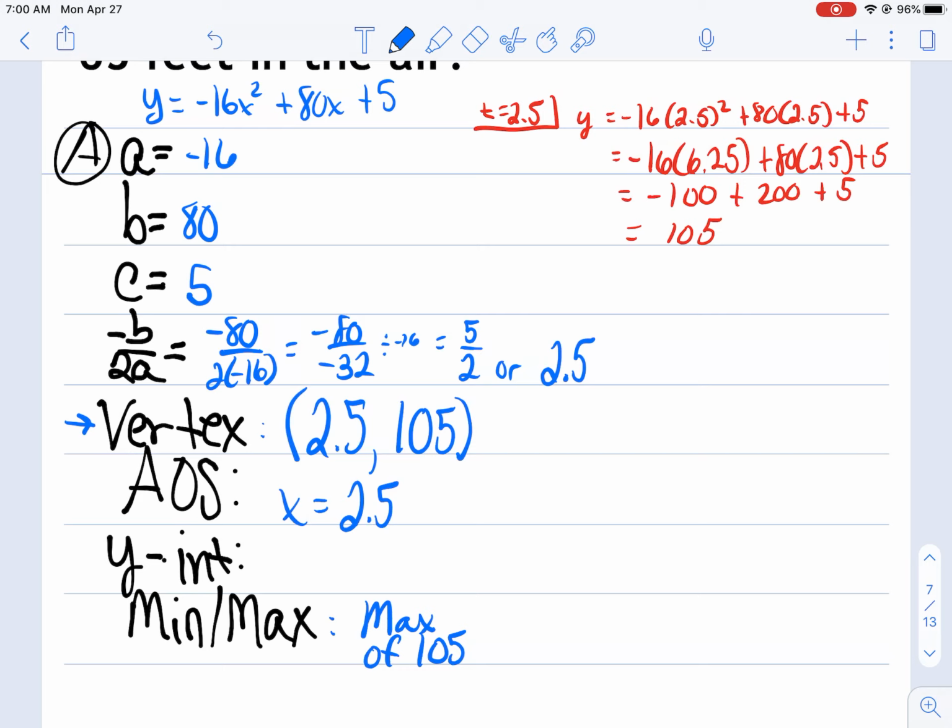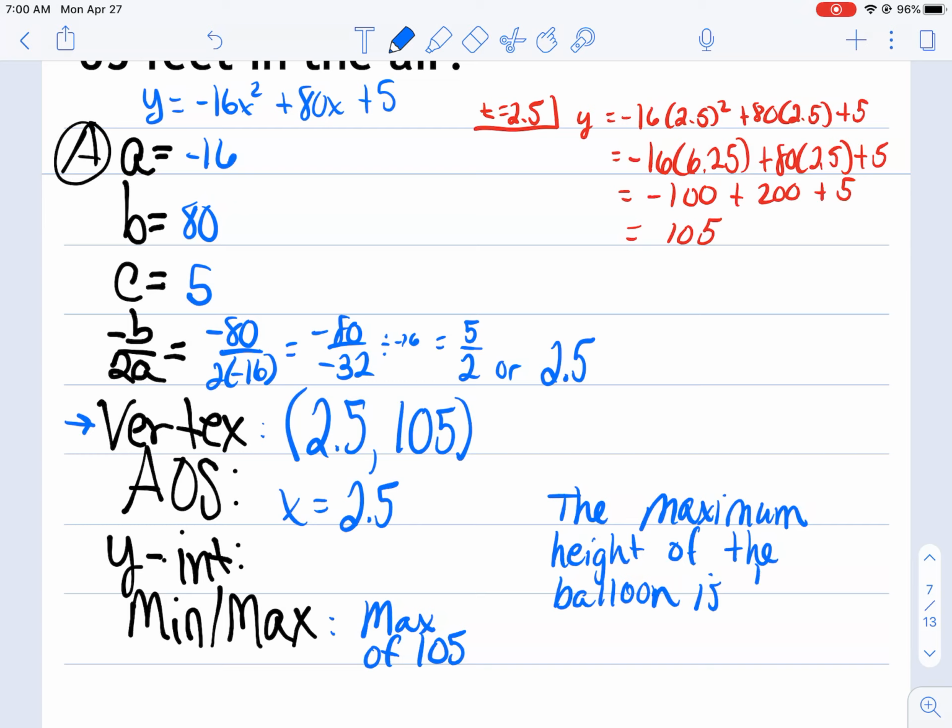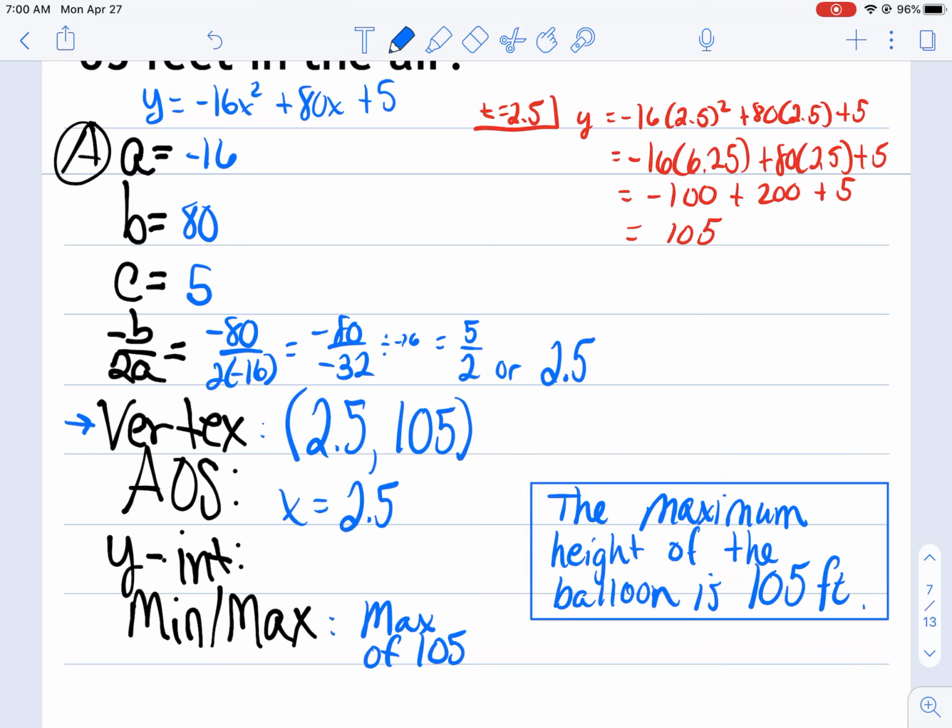So we can say the maximum height of the balloon is 105 feet. Okay, so there's A. Go back here real fast before I forget, plug in the y-intercept. It's going to be the point 0, C, which is 0, 5.